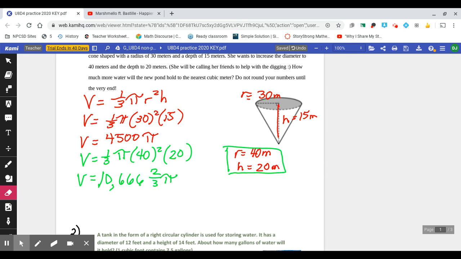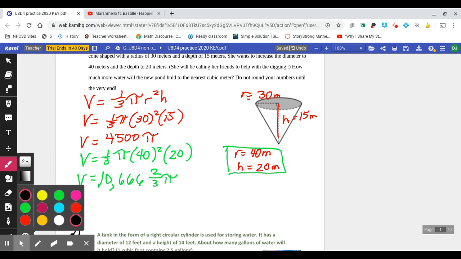I want to write the other one first. So if we have 10,666 and 2/3 pi, and again, you could have left that as the decimal, minus the 4,500 pi, if I go minus 4,500 in my calculator, what I have here is 6,166 and 2/3 pi.